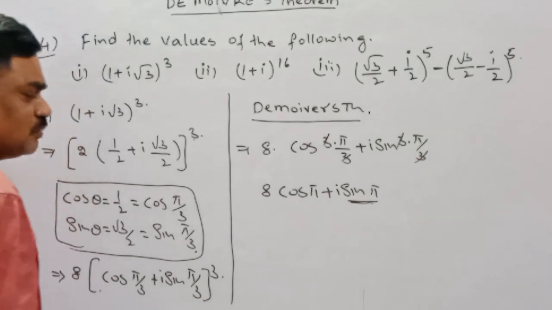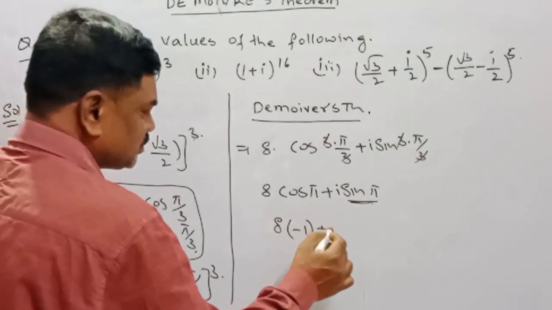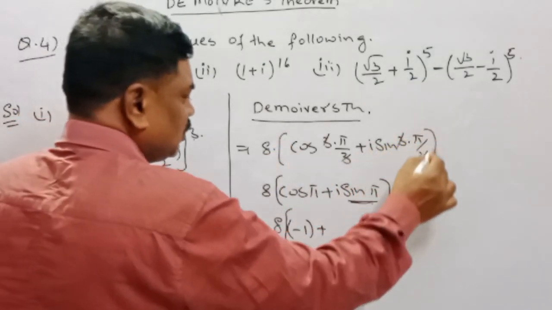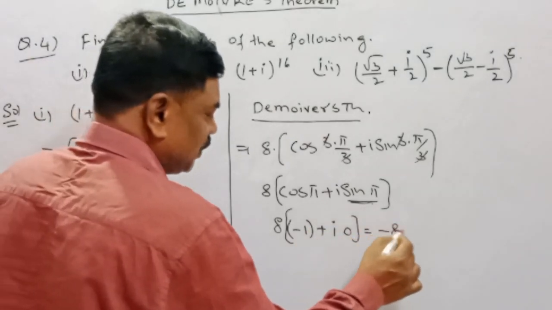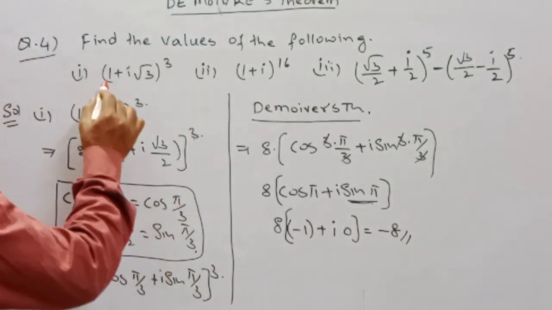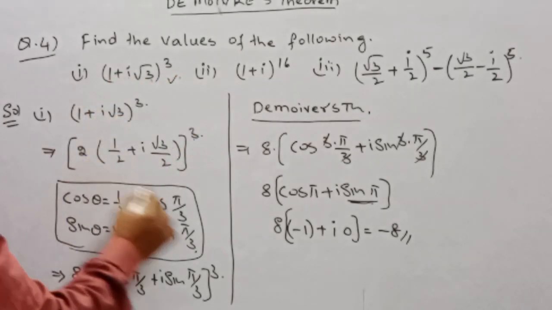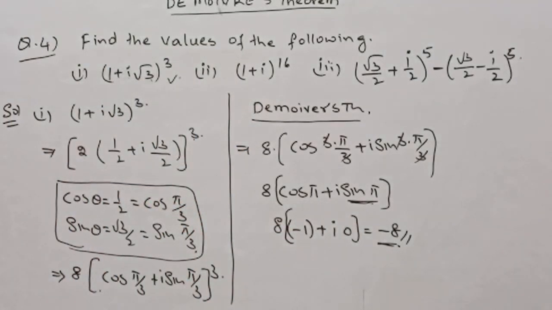Sin pi is equal to 0, and cos pi is minus 1. So 8 into minus 1 plus i into 0 is equal to minus 8. That is the value of (1 plus i root 3) whole cube: minus 8.